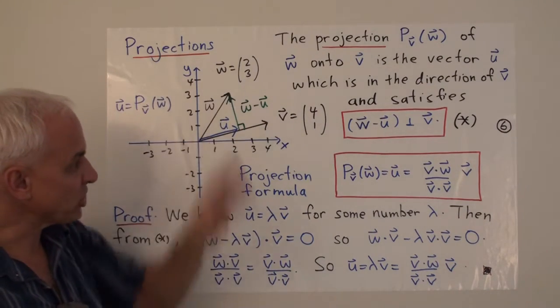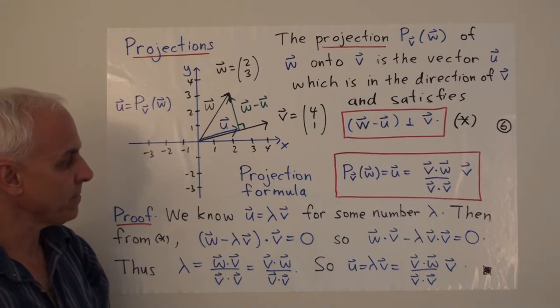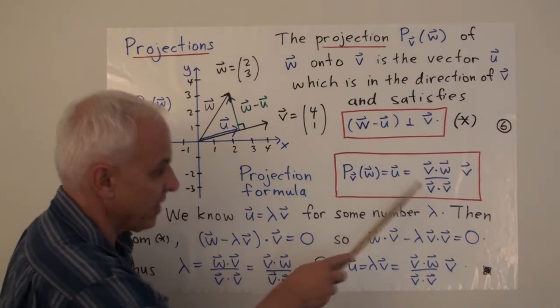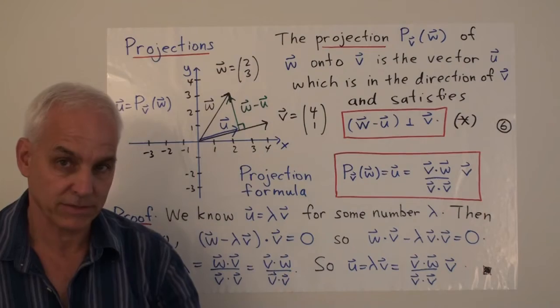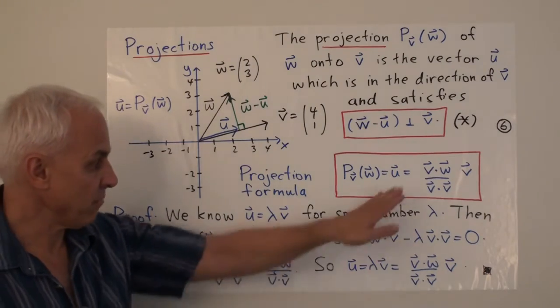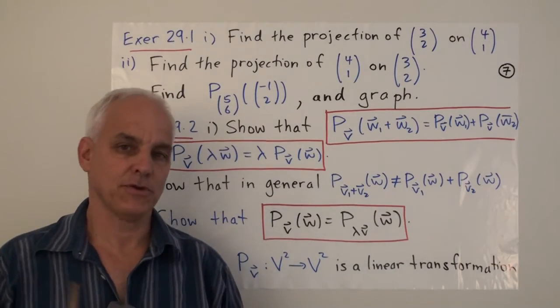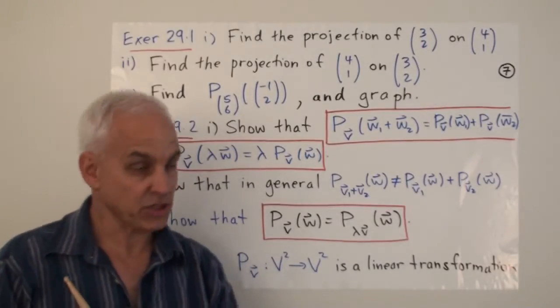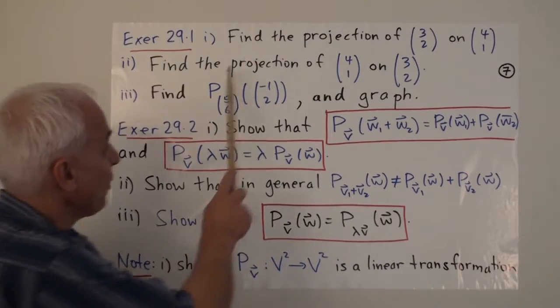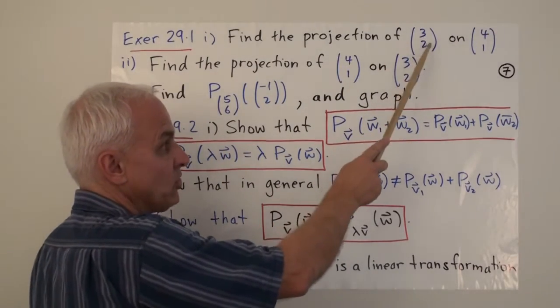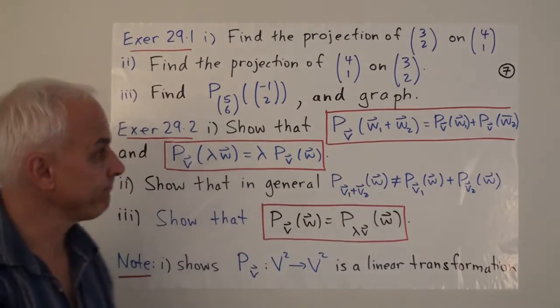Also, the idea of a projection of one vector onto another, a very explicit formula for that projection in terms of the dot product. That's a very important formula to remember. Okay, so here are some exercises for you to solidify your understanding of this projection business. So first one, find the projection of vector 3, 2 on the vector 4, 1.